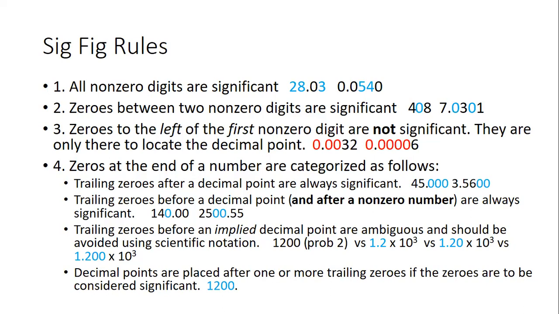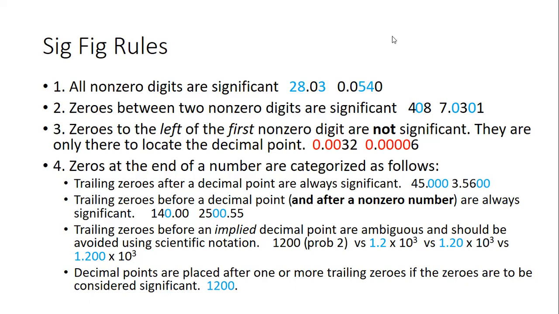That is, every single digit you put in your report, you're saying, I'm confident that this digit is correct due to my experimental setup. So we have to be very careful when we're doing calculations that we're always aware of the number of sig figs we have, and we always report the correct number of sig figs.